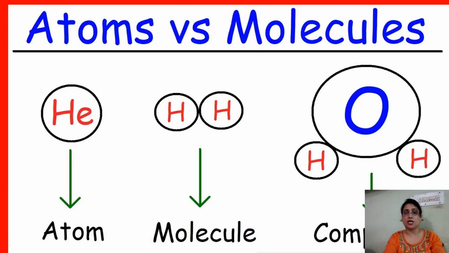So this is one example of atom versus molecule. Atom, that is the helium atom, and here it is the hydrogen molecule. This is H2. It is a helium atom, one atom, and here it is a molecule. When we are talking about H2 or O2, then it is a molecule, whereas when we talk about H2O, it is a compound.